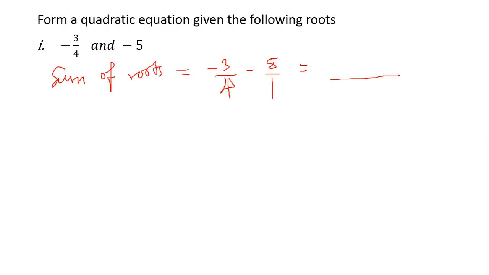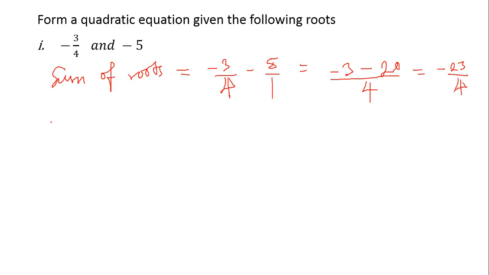Then we get the LCM. So LCM is 4. So 4 divided by 4 is 1 times -3. The remainder is -3 minus 4 divided by 1 is 4 times 5, which is 20. So this will give us -23/4.